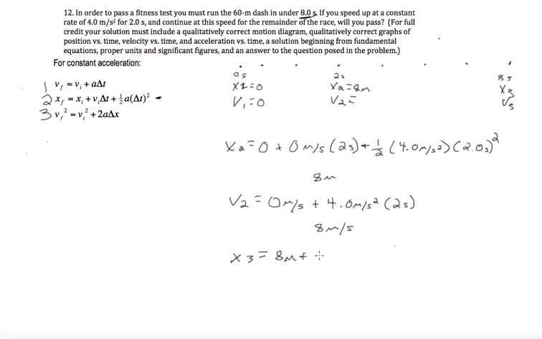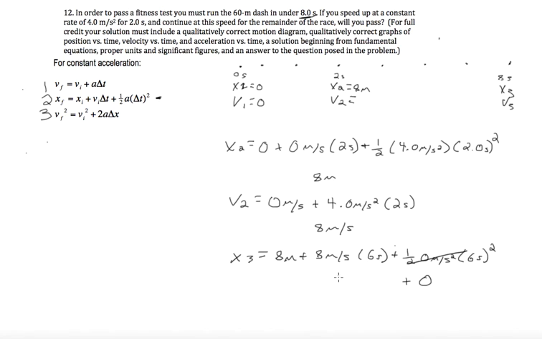Then our v2 is 8 meters per second, and we're going to be doing that for 6 seconds. And then we're going to have 1/2 acceleration, which is now 0 meters per second squared, and 6 seconds squared. So this we know is 0.